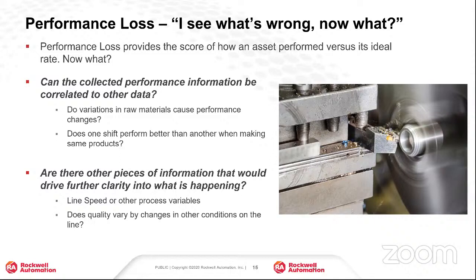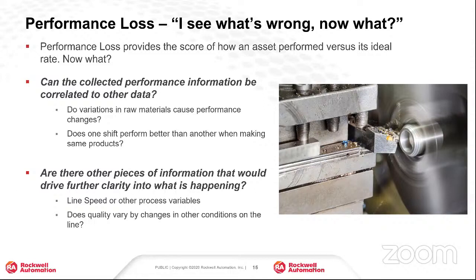Well, are there any variations in raw material that is causing the issue? Is there a personnel issue, labor issue that causes one shift to produce or perform better than another shift in the same product? Right? Is there any other variable upstream of that machine, like if it's a conveyor belt or if it's a valve that has been causing issues?